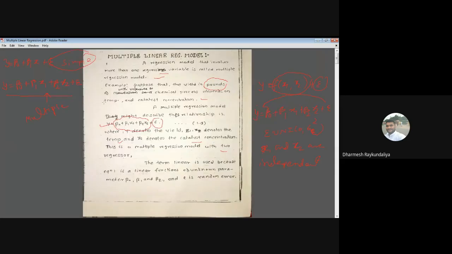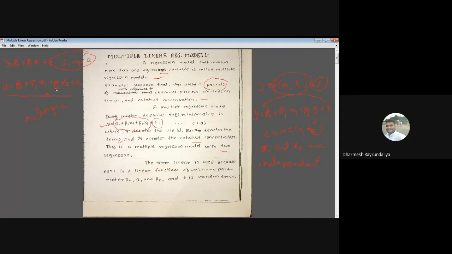तो यहाँ पे क्या हो रहा है कि earlier क्या था? Beta 1 is nothing but expected change in the y when 1 unit of change observed in the x. Held constant की बात ही नहीं था. क्यों? Because there are no other variables. But here I am interested to know what is the impact of x1 on the y. So the impact of x1 on y can be measured by the beta 1.